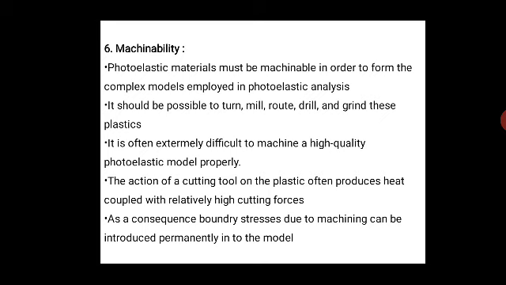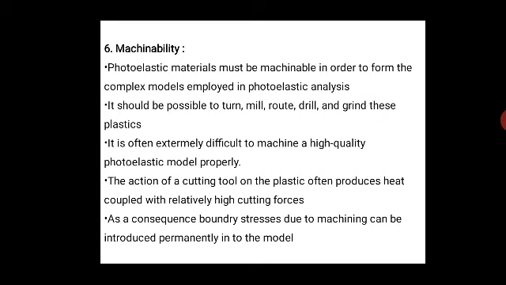So in order to form the complex models employed in photoelastic analysis, ideally it should be possible to turn, mill, or route, and turning operations and drilling operations must be done. Along with this, grinding operations should be done.